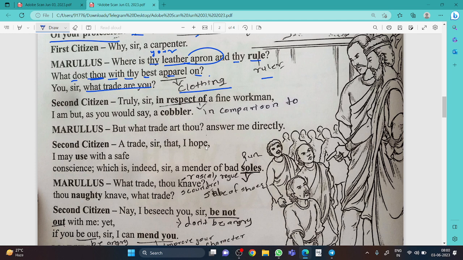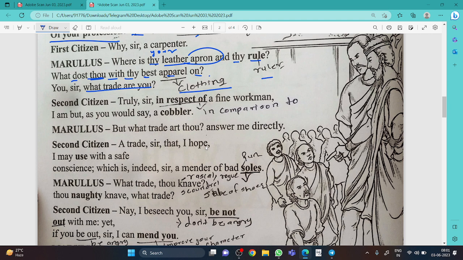Means, actually, my dear students, you can understand that Marulus is basically stopping one citizen and saying that why are you not wearing your leather apron and carrying your ruler in order to mend the shoes? Why are you wearing the best cloth today? You are wearing the new cloth today. Understood? Are you understanding till here? What trade are you? What is your trade?